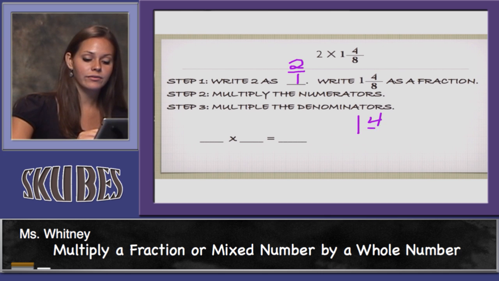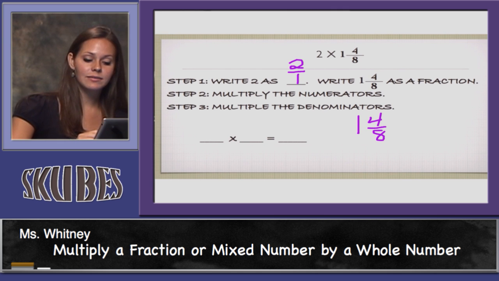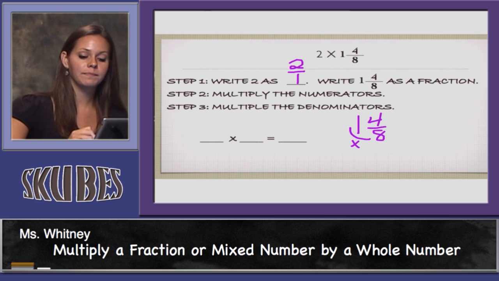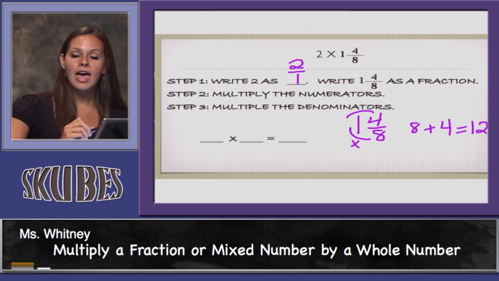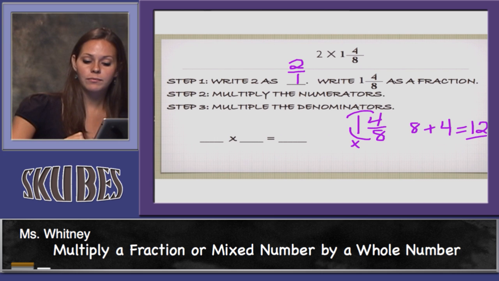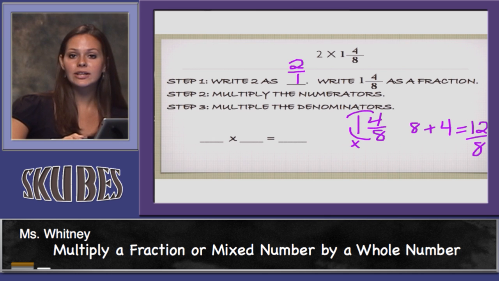First, we'll multiply 8 by the whole number. 8 times 1 is 8, plus our numerator, which is 4. 8 plus 4 is 12, and we keep our same denominator. We put it over 8. So 12/8 is equivalent to 1 and 4/8.